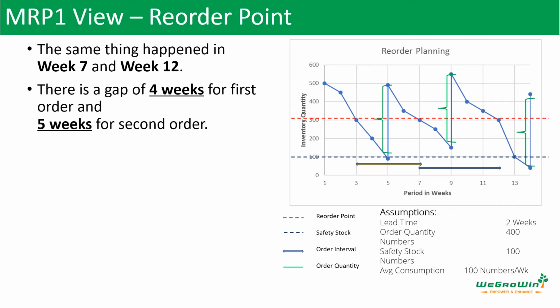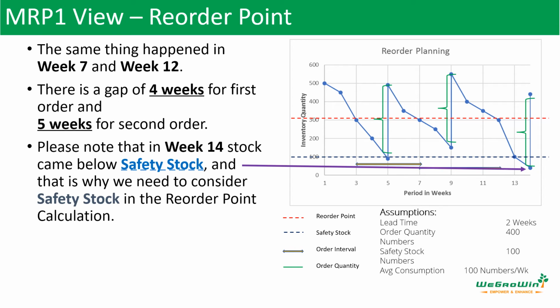So there is a gap of 4 weeks for the first order and 5 weeks for the second order, which means when the consumption is more, the ordering frequency will be more. When the consumption is less, the ordering frequency will be less. Please note that in week 14, the stock came below safety stock. That is why we need to consider some safety stock to have a cushion for fluctuation in the supply or demand.